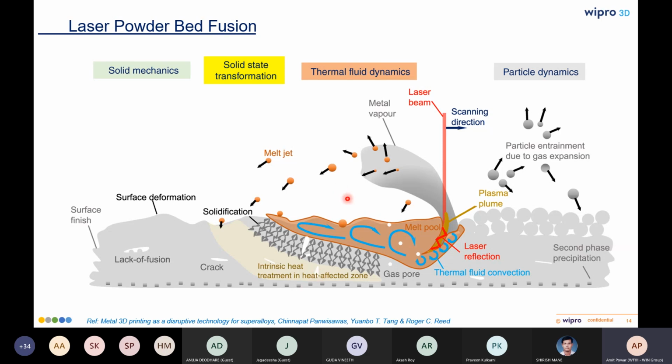When the next layer is spread, and the laser interacts with this powder, these spatter particles will obstruct the laser path, and because of that, it contributes to defect formation. We'll see what types of defects get generated.